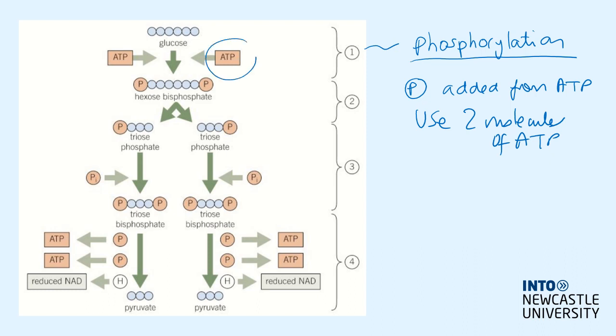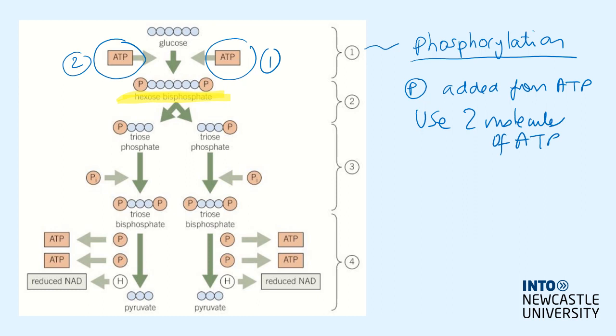So we use 1 and we use 2. And these molecules of ATP, the energy in the bond will be used to catalyze this, and the phosphates themselves will be added to the glucose, and they will form a compound called hexobisphosphate. That's our overview name.